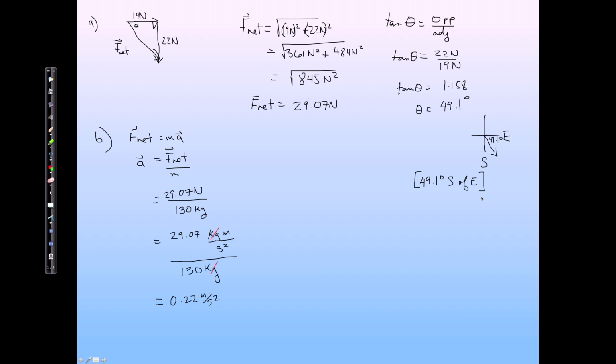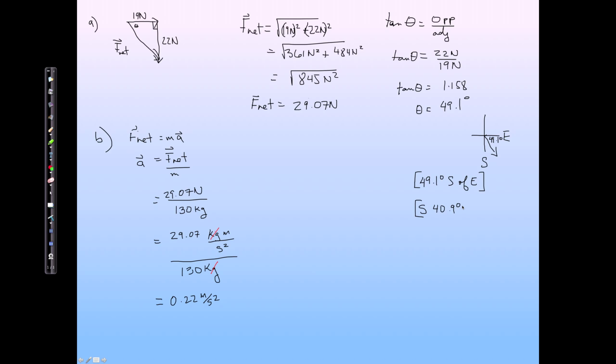This is also because this angle right here is equal to 40.9 degrees. You could also report it as south 40.9 degrees east.